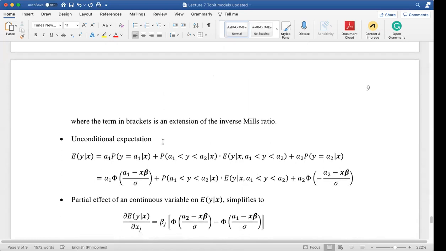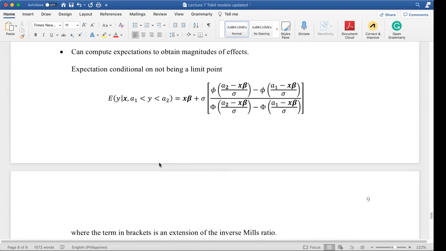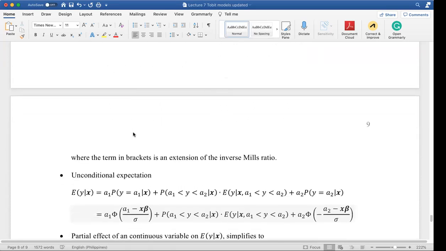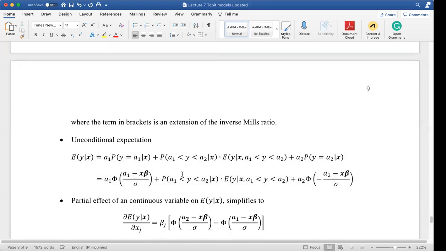Now, what is the unconditional expectation? Of course, if it is a limit point, the expected value would be either a sub 1 or a sub 2, right? So this is the formula for getting the unconditional expectation. You have to take into account the three cases.